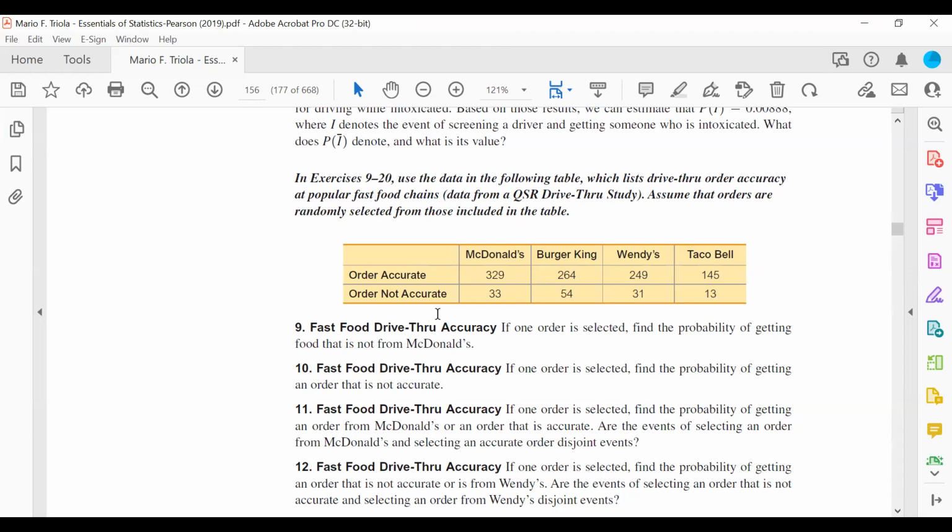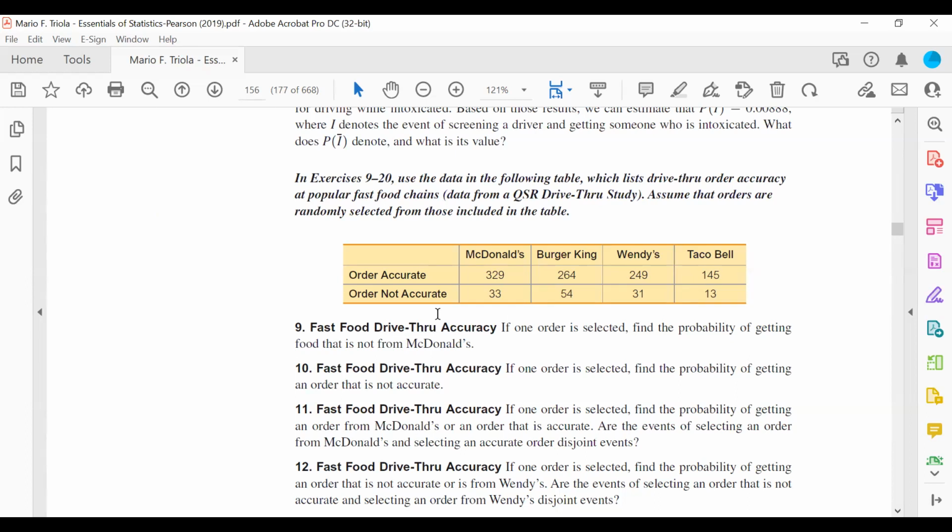All right, our restaurants are Mickey D, BK, Wendy's, and then TB. You probably will get TB if you eat at Taco Bell.